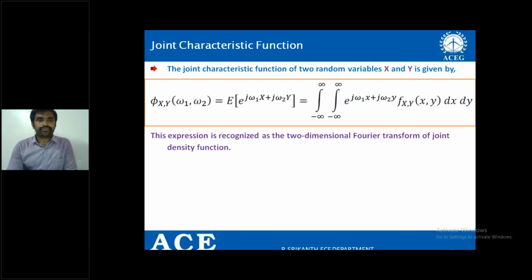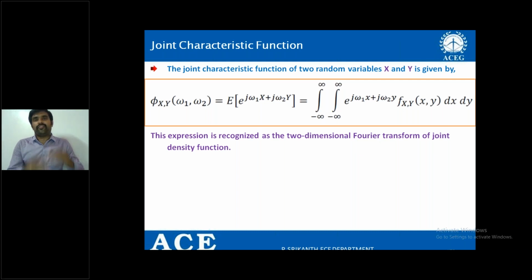So therefore the expression is recognized as the two-dimensional Fourier transform of the joint density function. In the case of single random variables, we called that just Fourier transform. But here, as we have two variables, we call it two-dimensional Fourier transform.